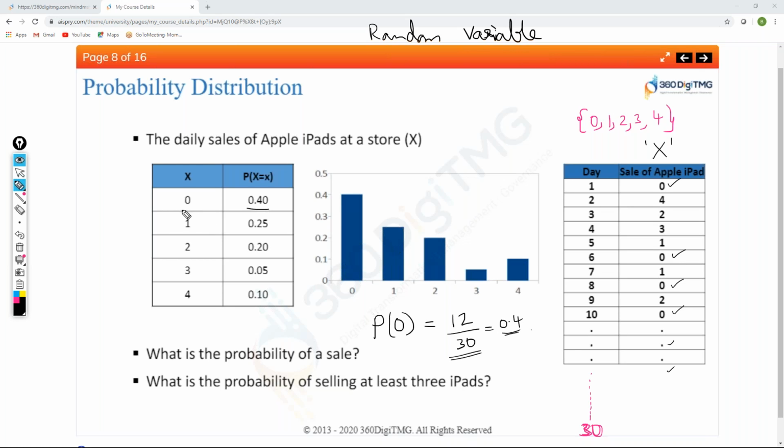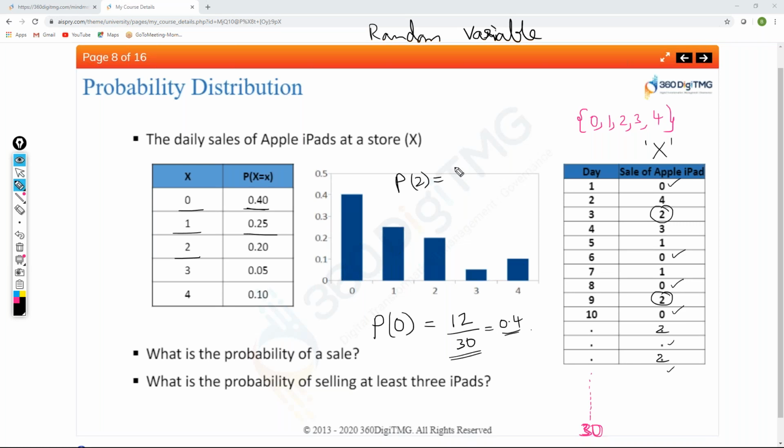What is the probability of selling 0 Apple iPads? It's 0.4. Probability of selling 1 iPad is 0.25. Probability of selling 2 is 0.2. It's the same thing again. So let me give it again. Probability of selling 2 Apple iPads: you just count the number of times you see 2. 1 time, 2 times, and then it would appear probably 3 times here, 4 times in that way.